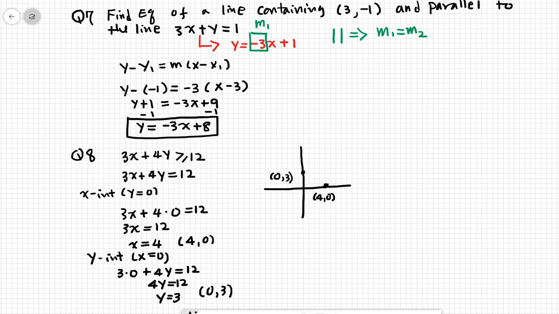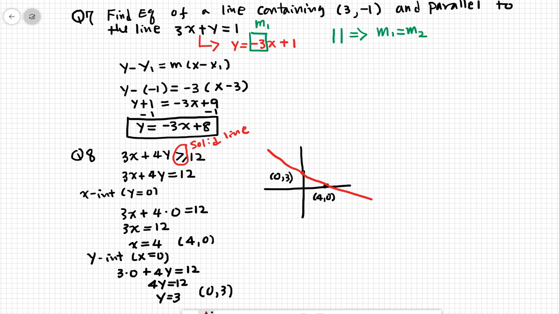Since the inequality is greater than or equal to, remember that the greater than or equal sign means that you have to use a solid line. If you have just greater or lesser, then it's going to be a dotted line. So here we have a solid line. We're just going to connect these two dots over here. Okay, my graph is not that good.